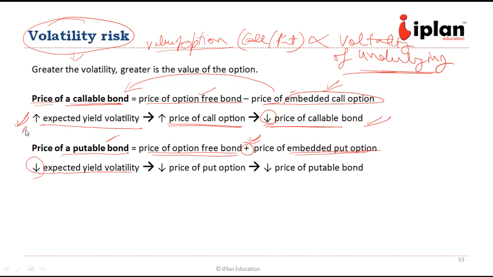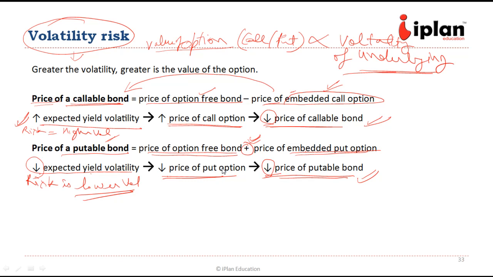So in this case, risk is higher volatility, and in this case risk is lower volatility. So if the volatility is lower, the price of put option is lower, and if this number is lower, the value of puttable bond is lower. So if the volatility increases, the price of callable bond falls. If the volatility decreases, the price of puttable bond falls. They have opposite relationship. So the volatility is impacting both the bonds in opposite way.